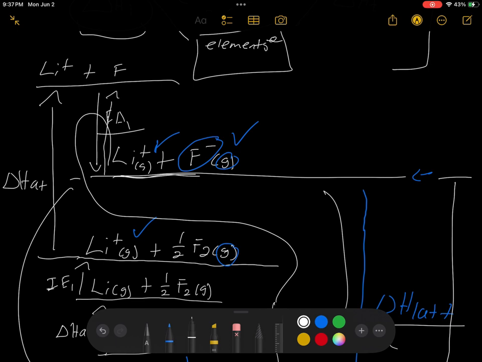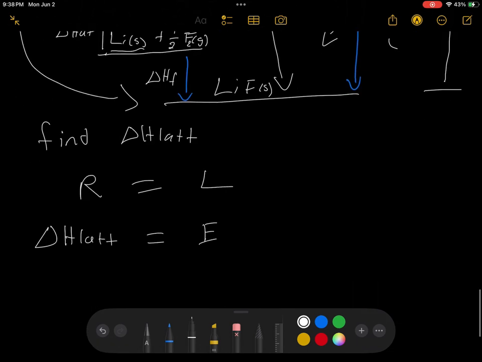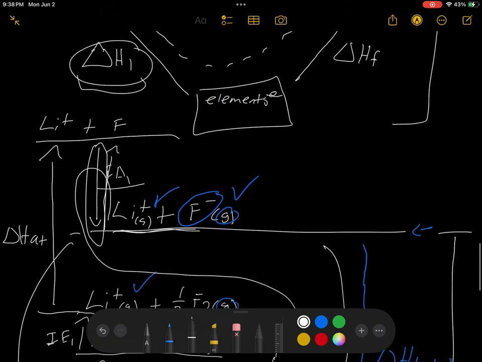In doing so, my path goes in the opposite direction of the arrow that's been defined. So just like Hess's law, when you go in the opposite direction of an arrow, you make it negative. So this is not just electron affinity 1, it's negative electron affinity 1.